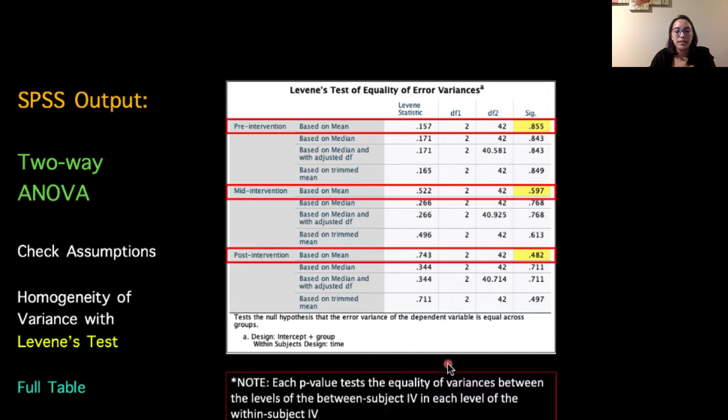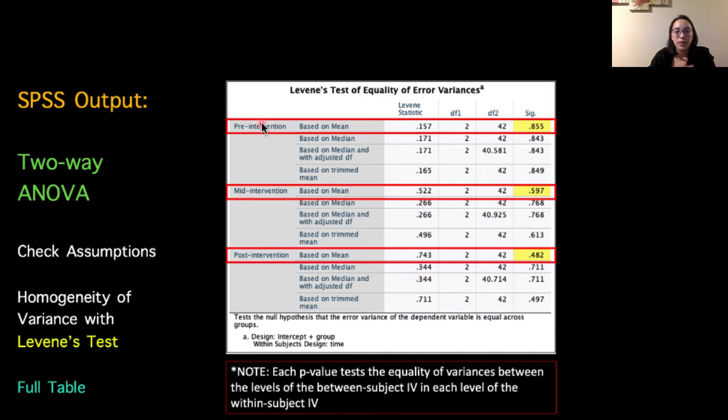Now the reason for this is that we look at the variances between each of our exercise groups, right? So look at the control group versus the low intensity versus the high intensity.